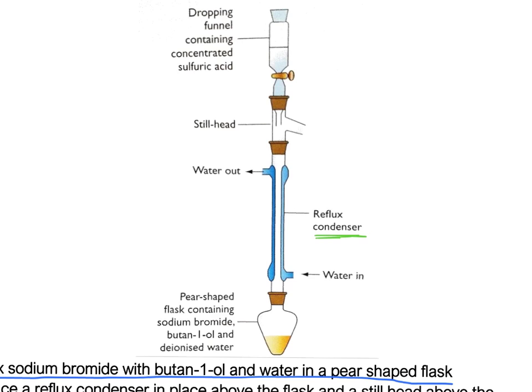The reason we need to use this is because organic compounds tend to be quite unreactive, so we need to heat them in order to get them to react. But the problem is that they are quite volatile. Volatile just means they evaporate off easily; they have quite low boiling points.